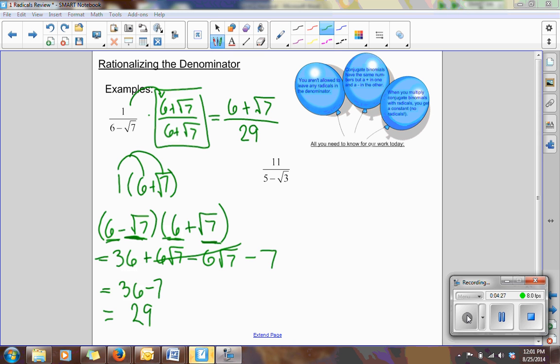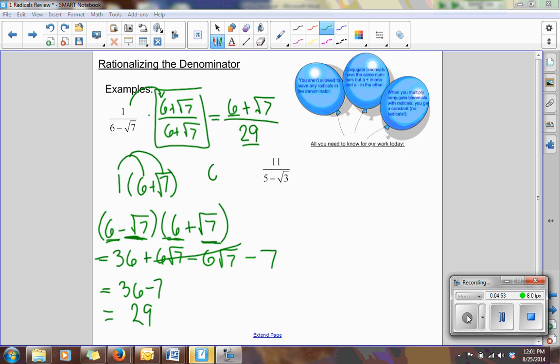And remember, we're using addition in the numerator, so there's no way that we can cancel anything here unless we factor something out. So be careful with that. Not that we could cancel anything between 6 and 29 anyhow, but just something to be aware of. We can only cancel if we're multiplying.